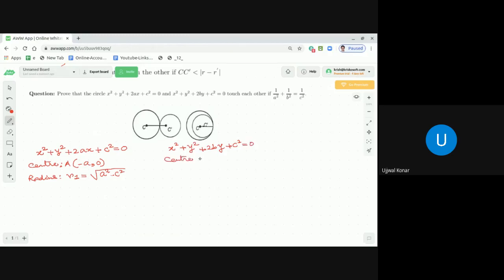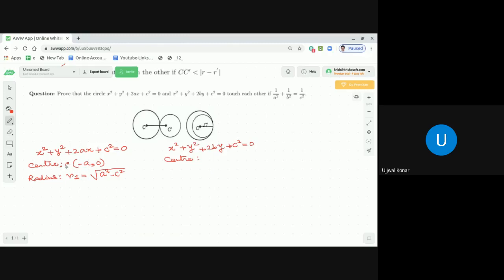Coordinate of the center, if we represent it by the point B. Or one thing we can do is, as we have C and C dash in the question, let me write it as C and C dash, exactly like whatever is mentioned in the question.